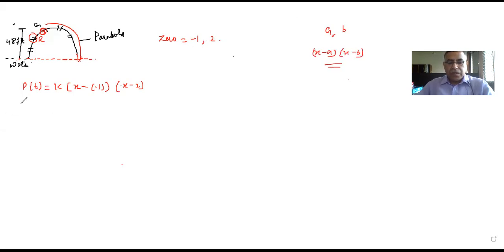So p(t) is equal to k times (x plus 1) times (x minus 2), which is k times (x square minus 2x plus x minus 2), which equals k(x square minus x minus 2).